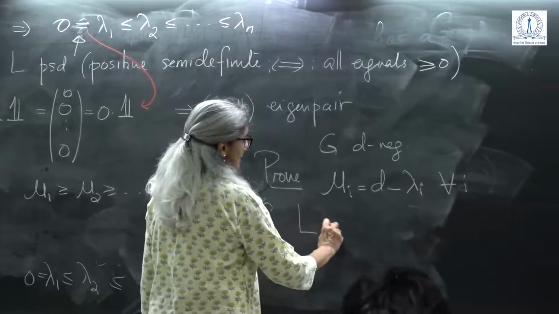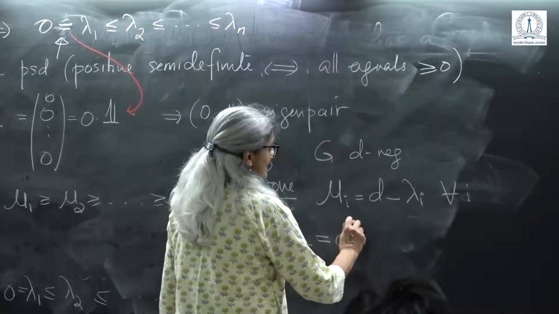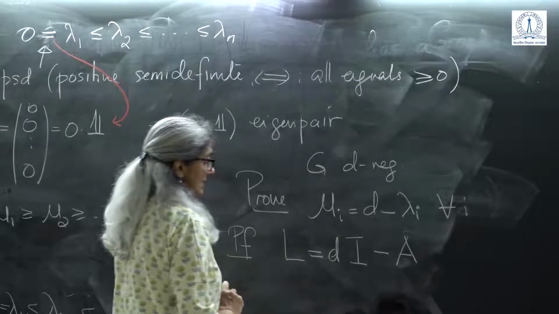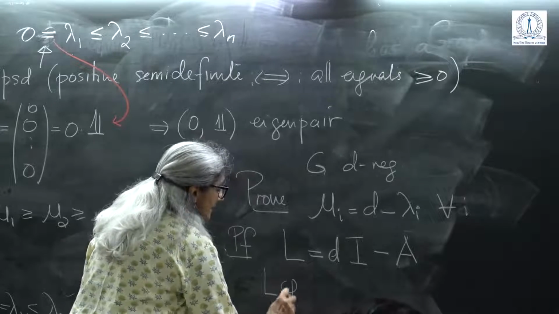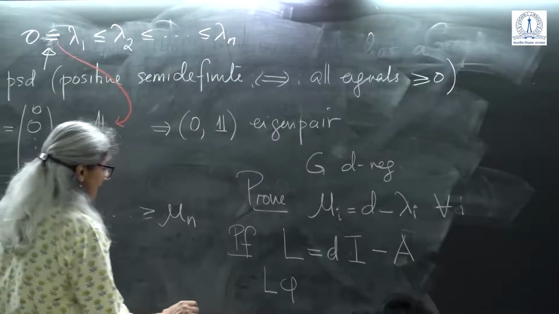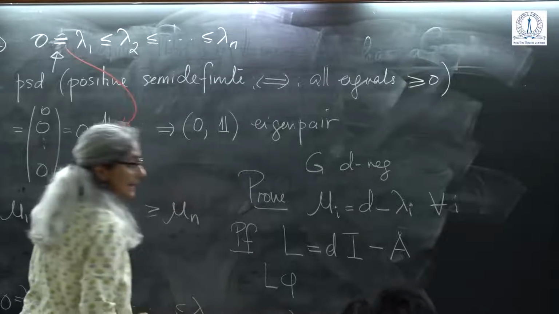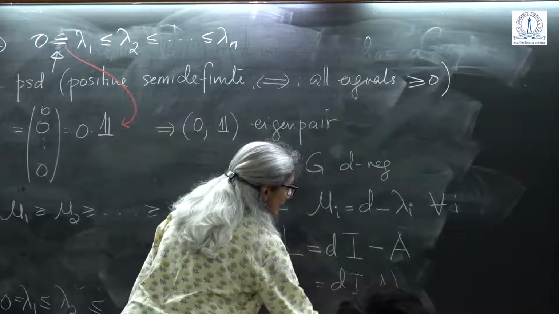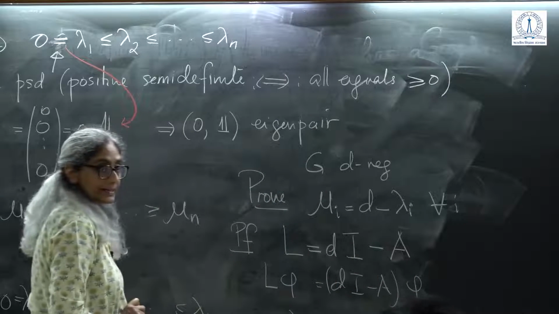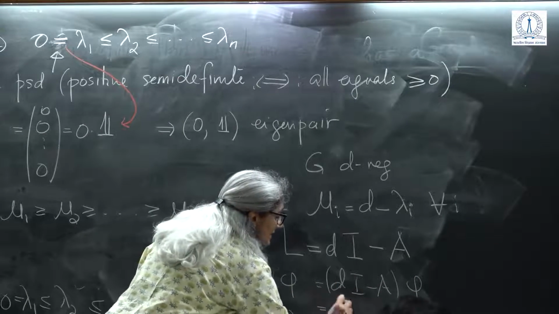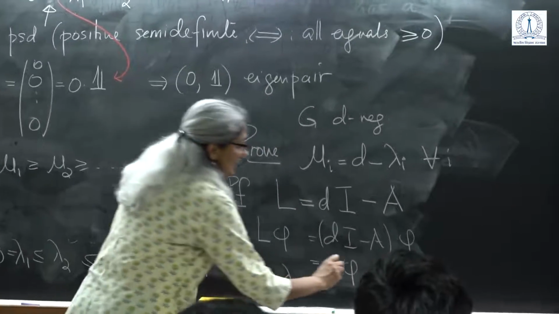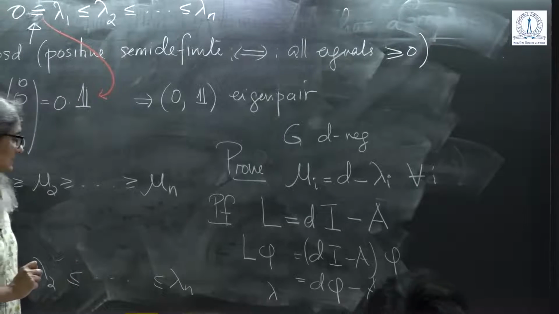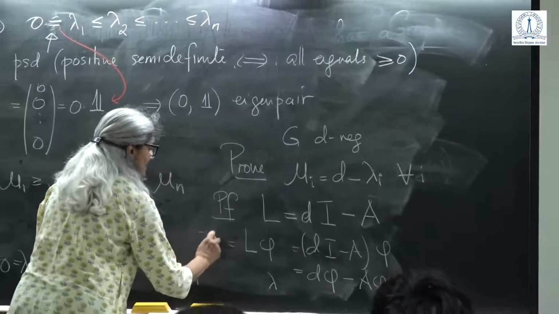She's saying that the Laplacian is d times I, this is the degree matrix, minus A. So if I have an eigenvector, say phi, with eigenvalue, let's say lambda, then this is equal to dI minus A times phi, and that's equal to d times phi minus A times phi, and this is equal to lambda times phi.